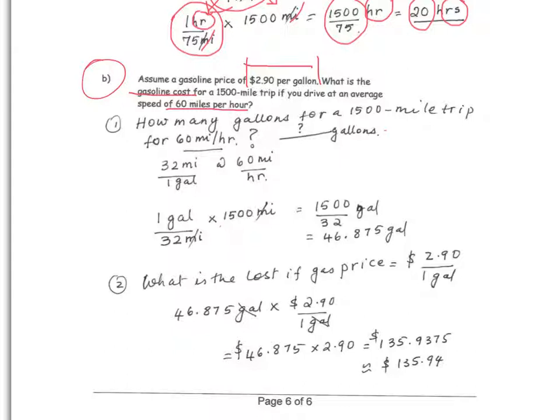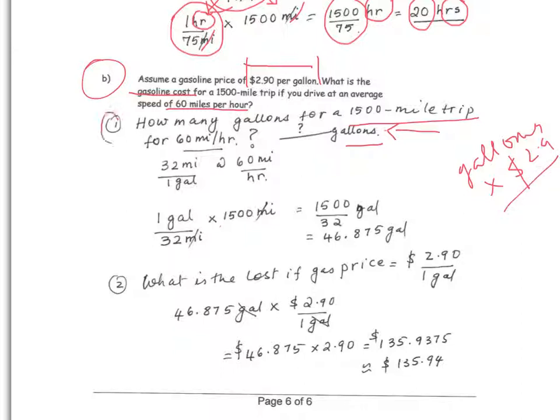If we could first figure out how many gallons we consume when we go on a 1500-mile trip, once we get the number of gallons, all we have to do is multiply it with, so gallons times the dollar amount per gallon, which is 2.9. That would give us the total cost of our trip.